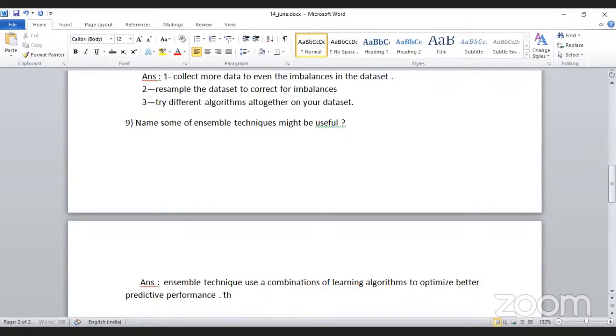In this case, what will be the first thing that happens? Typically, they reduce overfitting, because we are combining models. They reduce overfitting in the model and make the model more robust.